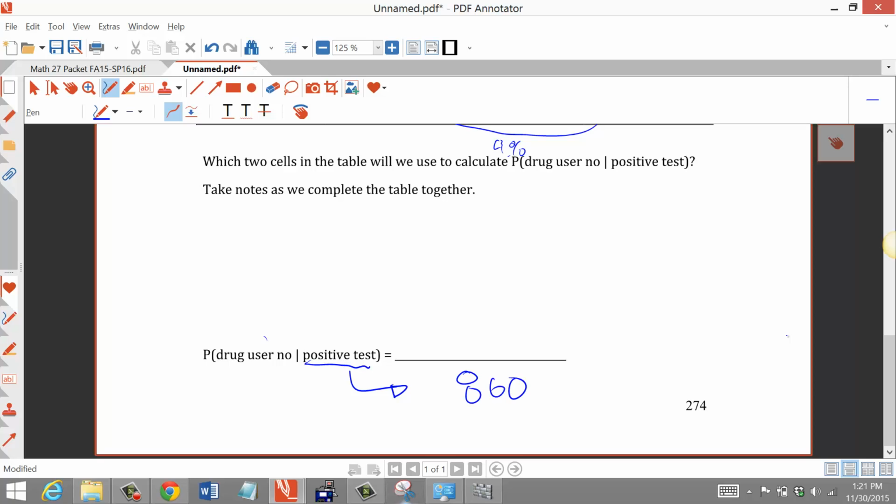Then we have the people who were non-drug users. That was 480. And so if we take 480 and divide it by the total number of people who tested positive, we get about 56%. Approximately 56%. Wow. That means you have a 56% chance of being falsely accused given that you had a positive test. Great.